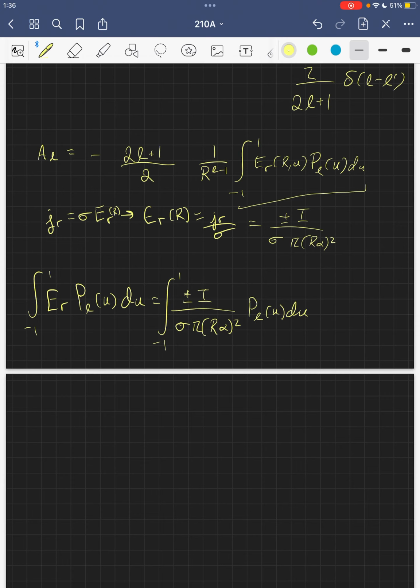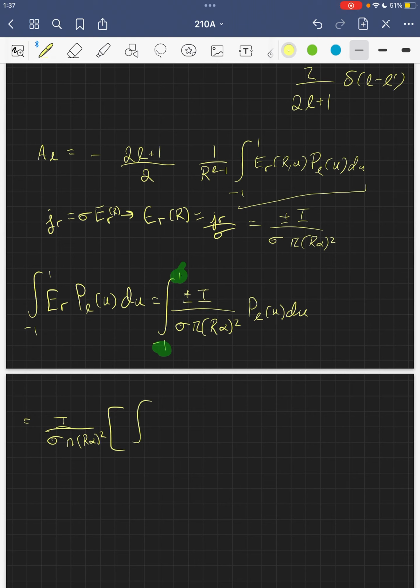Now, before you do this, we have to realize that the plus minus is going to depend on the bounds. So these bounds here are not really correct right now. These would be incorrect bounds because, like I said earlier, the minus is when we're coming into the electrode. The plus is when we're leaving. So really what we should say is this is equal to I over sigma pi R alpha squared. We're going to have two integrals.